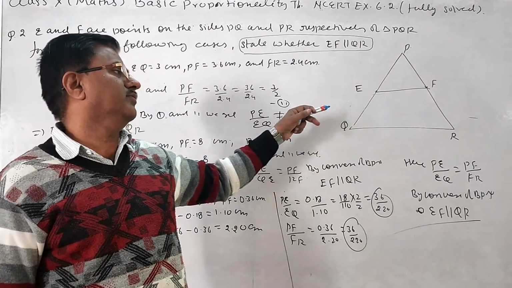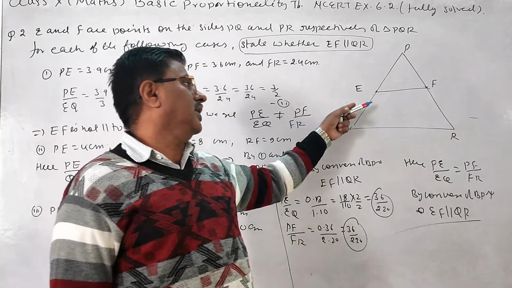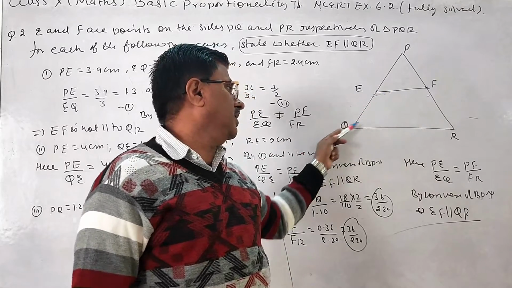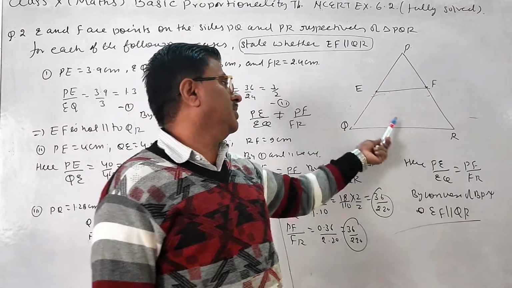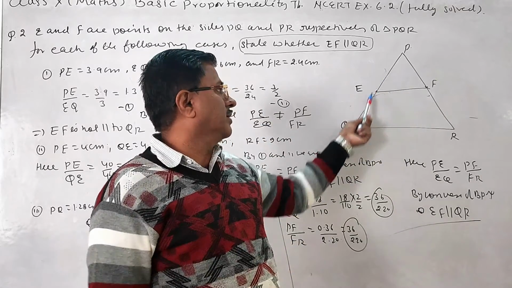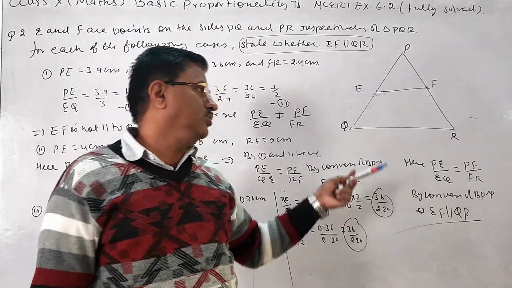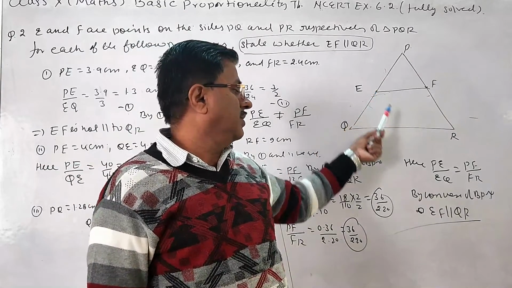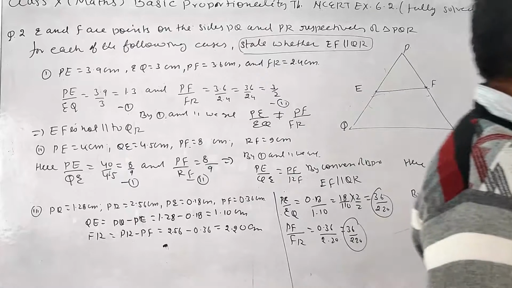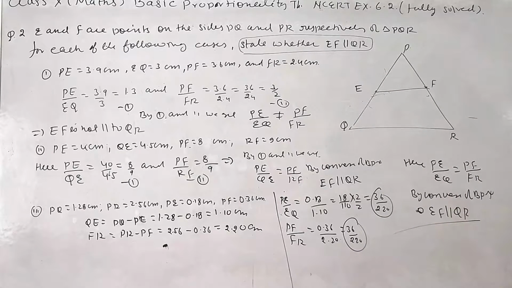This is very important for 1 mark questions: how to check whether the given line EF is parallel to QR or not. If we are given the lengths of the sides of the triangle, using this theorem we may check whether the ratio is equal or not. If the ratio is equal, the sides are proportional, otherwise not.